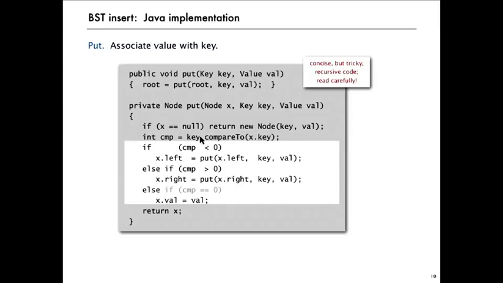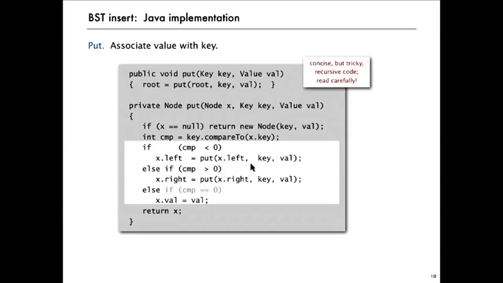If our new key is smaller than the key at the node that we're processing now, then we want to insert the new key value pair and the new node on the left. Otherwise, we want to insert it on the right. Most of the time, the link that we get back will be the same as the link that we put in, but for that bottom node, it'll be different.